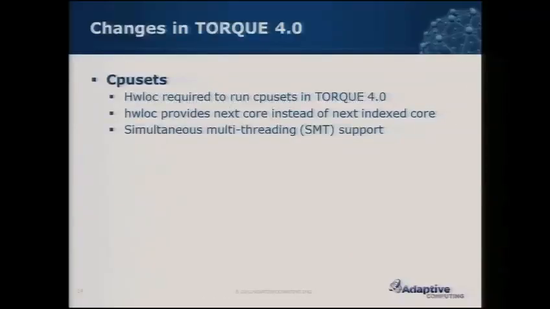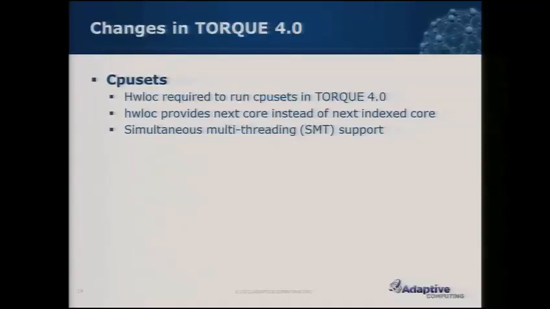Okay, CPU sets. We are now using HWLOC to help us choose CPU sets for a job. So currently, CPU sets just do the next index. When you get the exec host list, you'll have host A/0, host A/1, and right now the CPU set looks at that index and says, oh, I got host A/0, okay, I'm going to assign CPU 0 and I'm going to assign CPU 1.